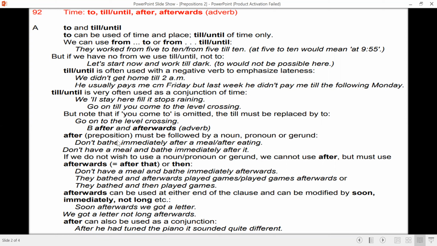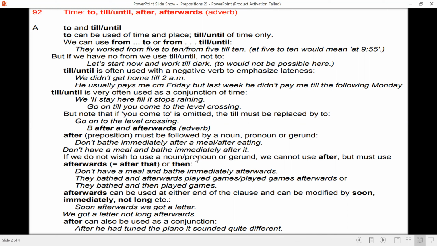For example, don't bath immediately after a meal. Here you are using a noun after this after. You can also say, don't bath immediately after eating. So here eating is a gerund, a meal is a noun. So you are using a noun or a gerund after this after.